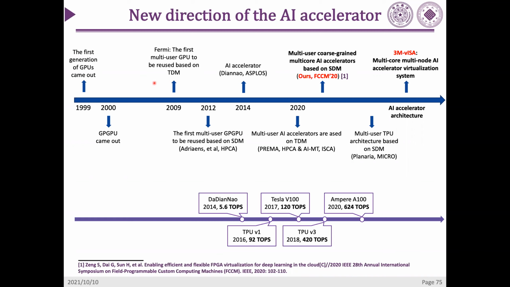In contrast, AI accelerators have experienced 2 orders of magnitude development in computing power since 2014, from several TOPS to hundreds of TOPS. But almost all AI accelerators focus on trying to reduce the delay of a single neural network model.